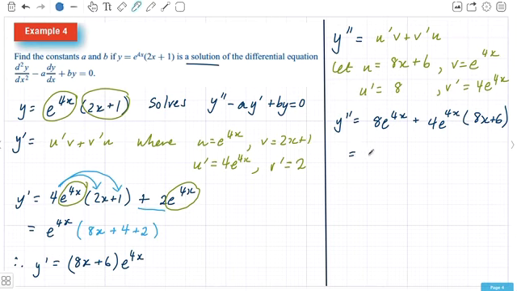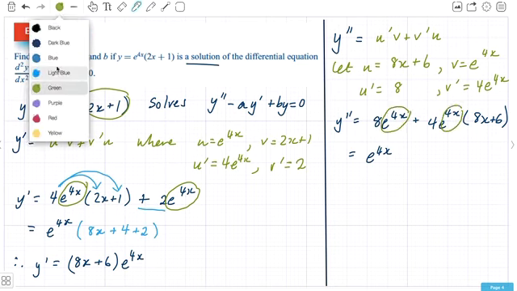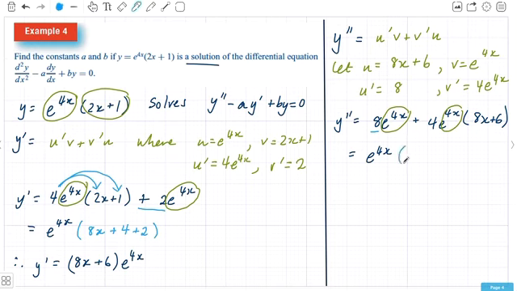And again, we're going to take e^(4x) out because it is a common factor. It's there and it's here. So that means taking the 8 as the first thing in the bracket, plus 4 times 8x, which is 32x, plus 4 times 6, which is 24.